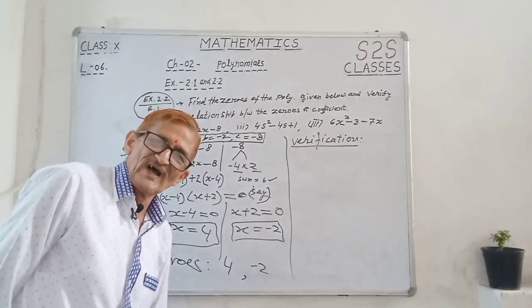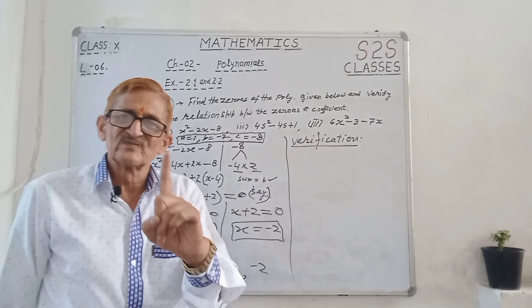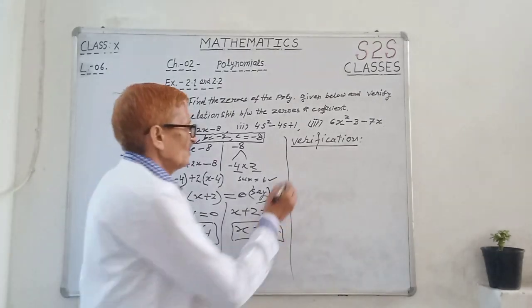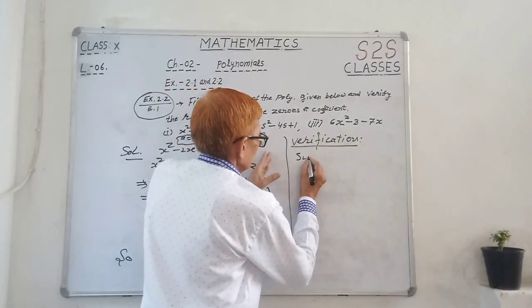How can we verify? We know the formula of the sum of zeros. What is the sum of zeros?